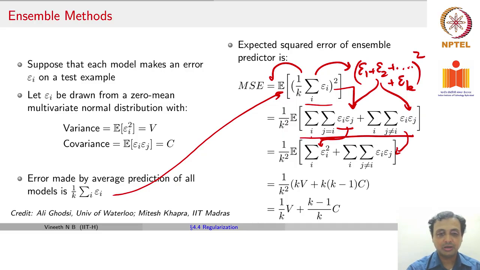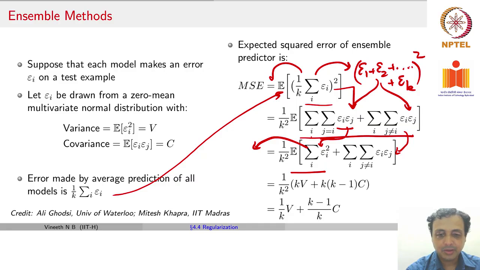Now by our definitions here and the linearity of expectation, remember expectation can be split term by term. Because of the linearity, you can say expectation of a plus b is expectation of a plus expectation of b. Using that, you can write this as expectation of the sum of epsilon i square, which would be the sum over i of expectation of epsilon i square. So let me write that out to make it clear.